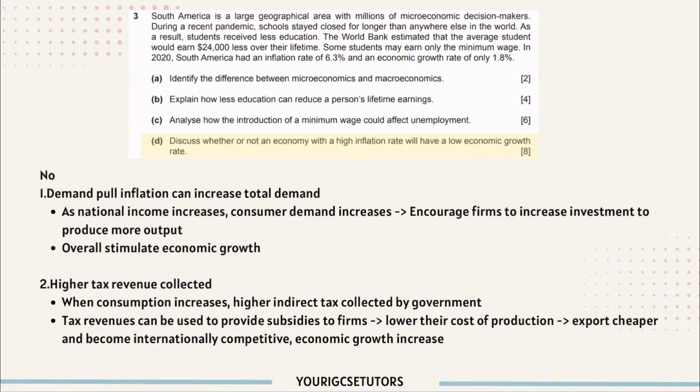So to lower the cost of production of firms, this makes exports cheaper and they become internationally competitive. So the economic growth increases. Why? Because the other countries' consumers are more willing to buy goods from this country because it's cheaper.